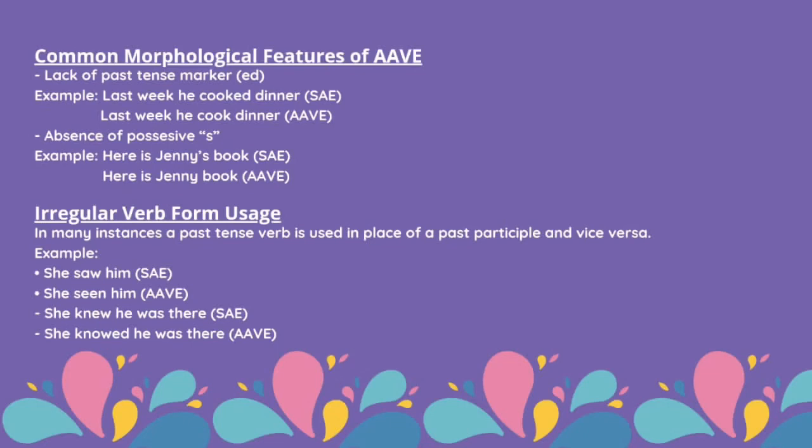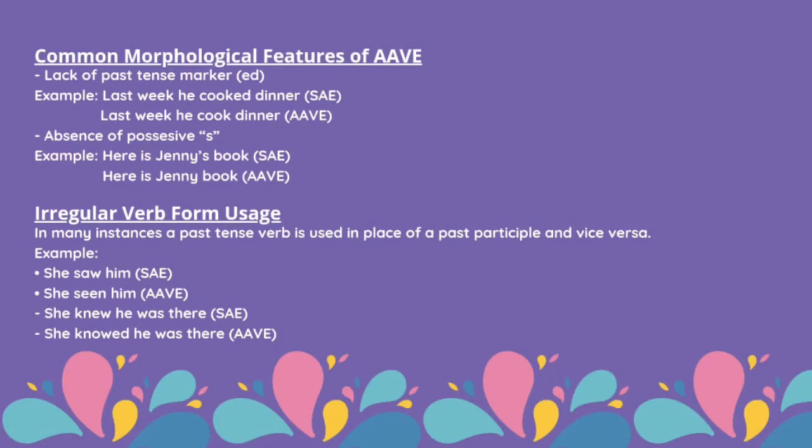Irregular verb form usage. In many instances, a past tense verb is used in place of a participle and vice versa. For example, she saw him is the standard for standard American English, and she seen him is the standard for AAVE.